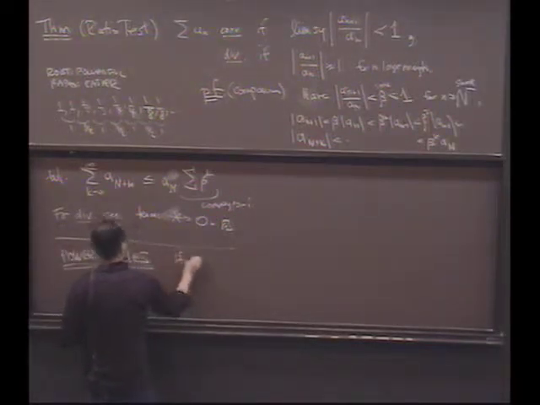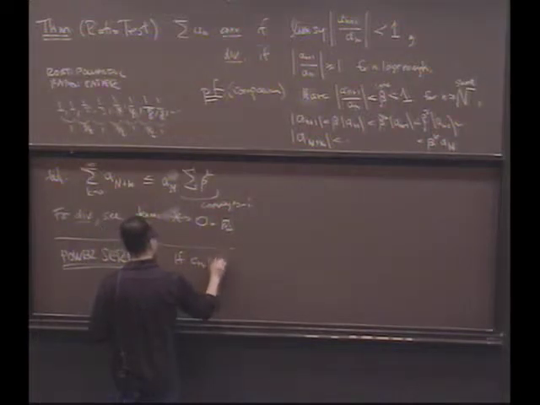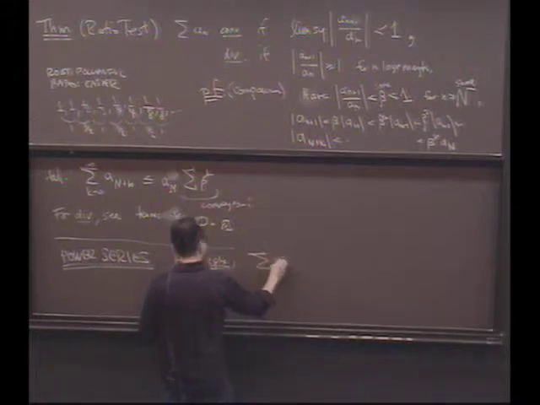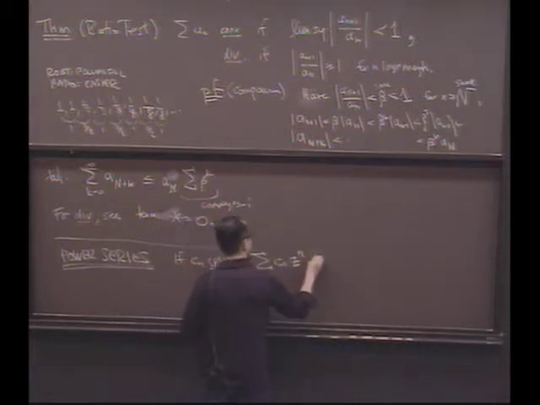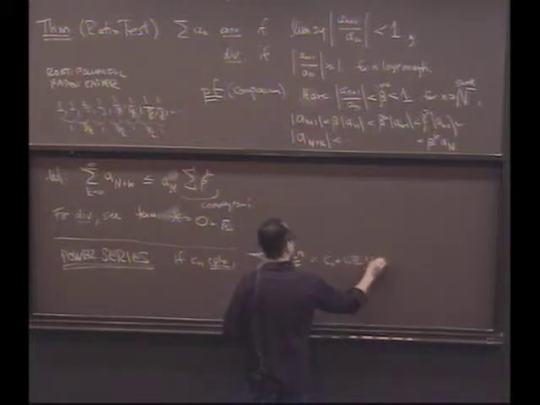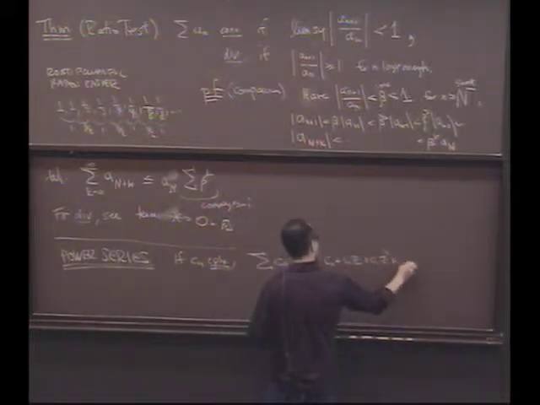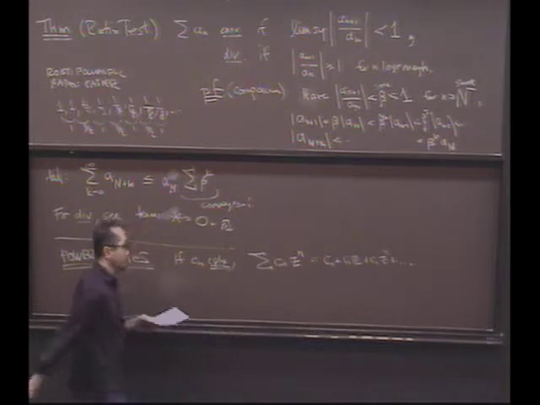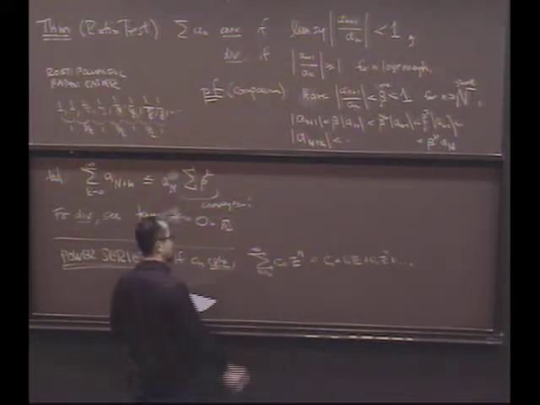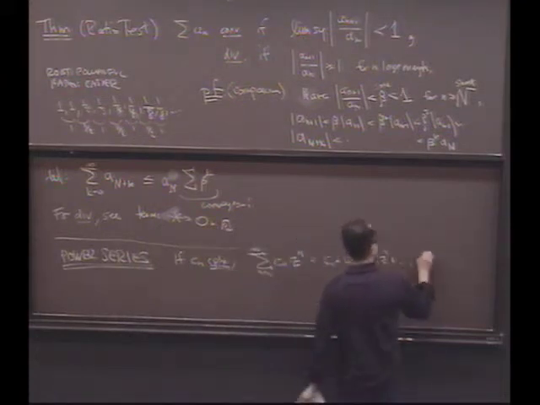So if C_n is complex, possibly complex coefficients, a power series is something like the sum of C_n z to the n. So I'll think of this as maybe a constant plus C_1 times z plus C_2 times z squared plus dot, dot, dot, and it goes on. n goes from 0 to infinity. This is a power series.